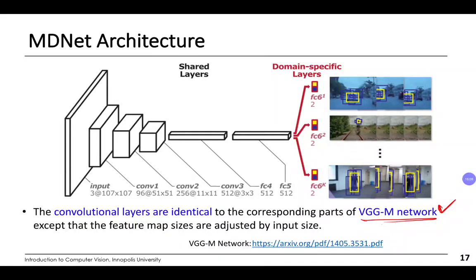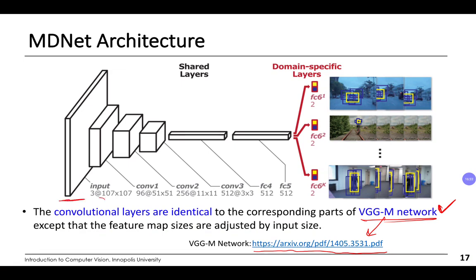If you want to go into more detail, I just keep this paper here. This paper is written by Oxford University researchers and is pretty straightforward to read, but it's not necessary. This is just for reference. Here I am going to explain how they are using this VGG-M network in their MDNet architecture.